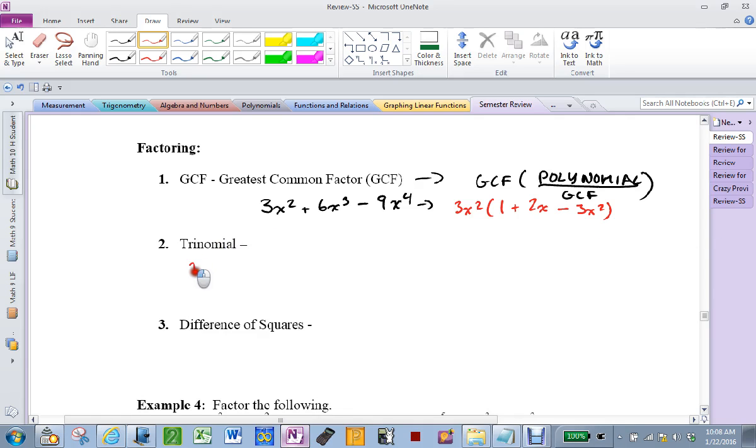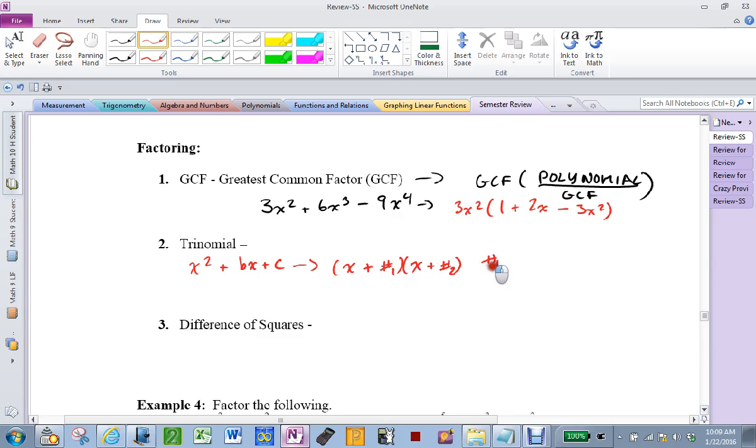Trinomial. x squared plus bx plus c. That's what a trinomial looks like. It always ends up as x plus a number and x plus a number. Number 1 and number 2.